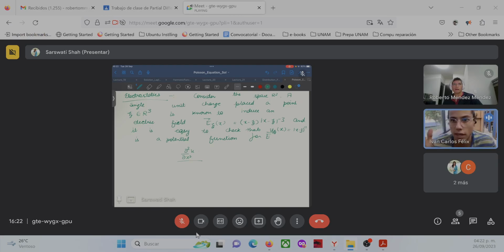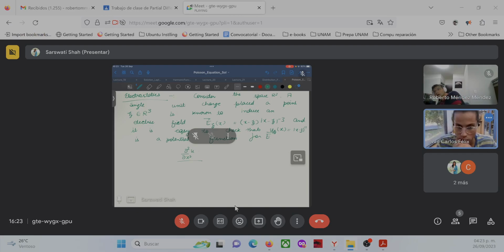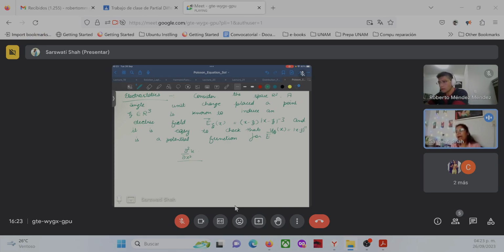The first derivative will be e, and then the second derivative would be, it's just like the divergence, but in one dimension. Just compute and tell me. I do not agree that the first derivative comes like that, because x minus xi to the power minus 1, so minus 2 will come in the first derivative. In the second derivative, minus 3 will come.